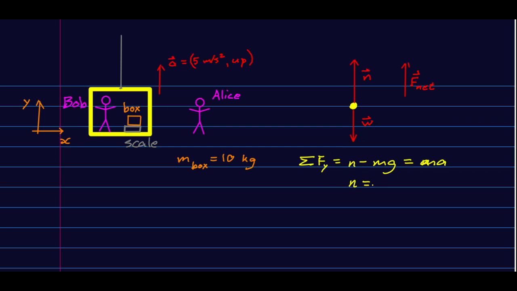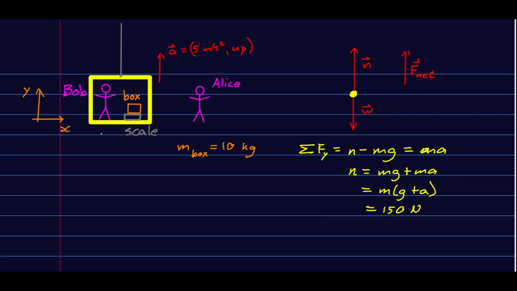And so the normal force is going to be mg plus ma, mg plus a. Okay, and that's basically 15, and so that's 150 newtons. So greater than the weight of the box. And so that's what she should see on the scale if this scale reads in newtons, which is pretty rare, but you can get scales that read in newtons.